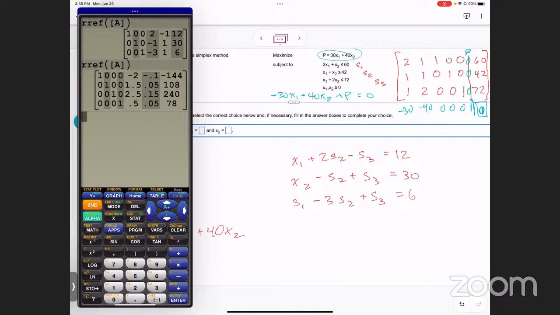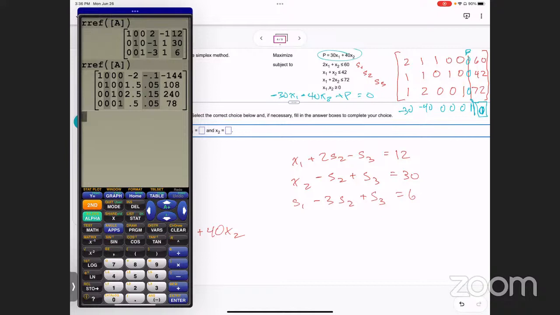Right. So now how do we interpret that? Is 78 the answer? I think that's what they did. What did they do at the very end there?